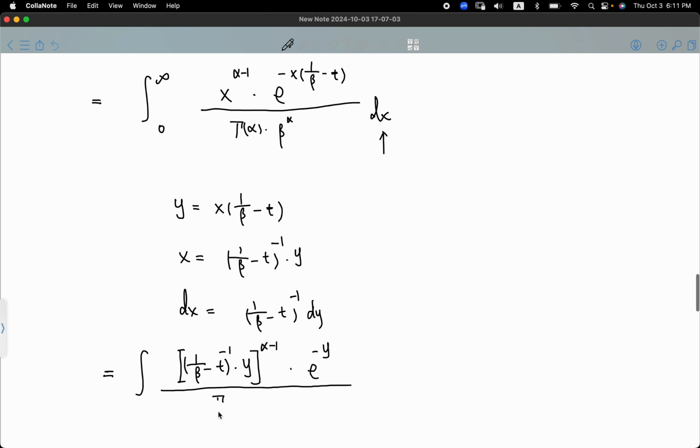And then a gamma function of alpha, and then beta raised to the power of alpha. And then for the dx, we have 1 over beta minus t inverse, and then dy. Okay.